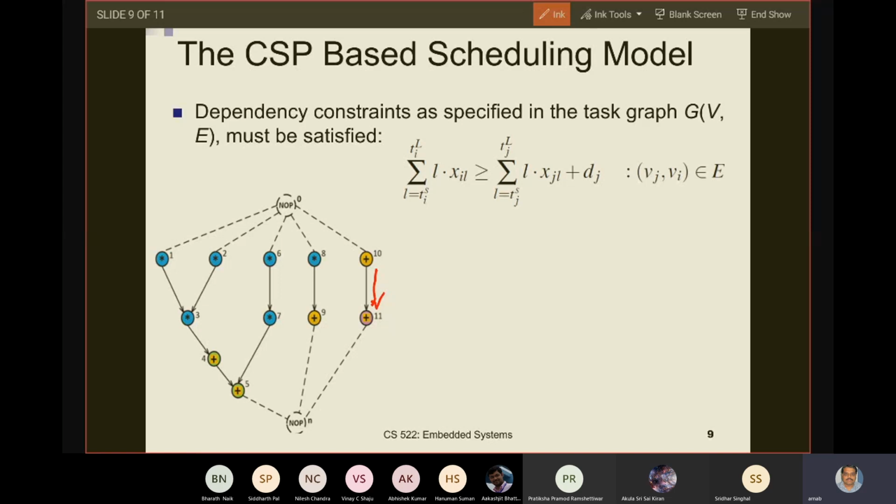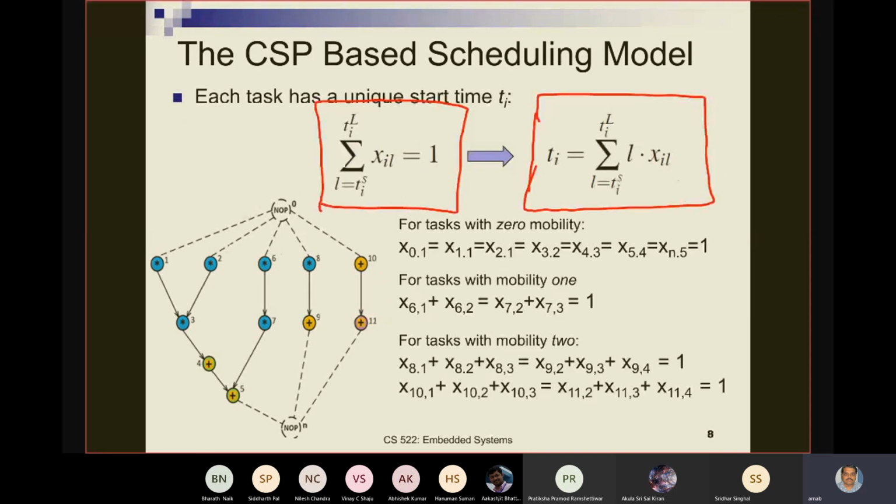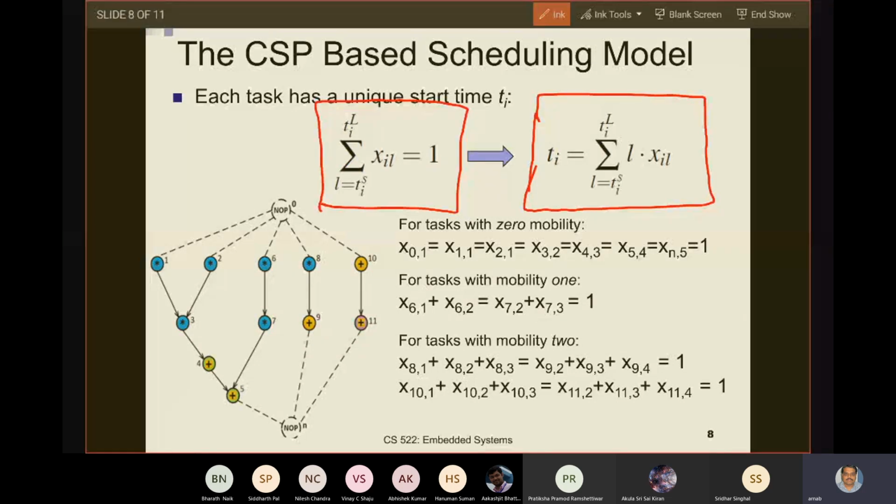Now, how do you represent that? It first says that for all edges in the task graph. But just a minute, I'll go back once to the previous constraint and say one last thing that I have left. The constraint that I have drawn on the left box has to be satisfied by all tasks.